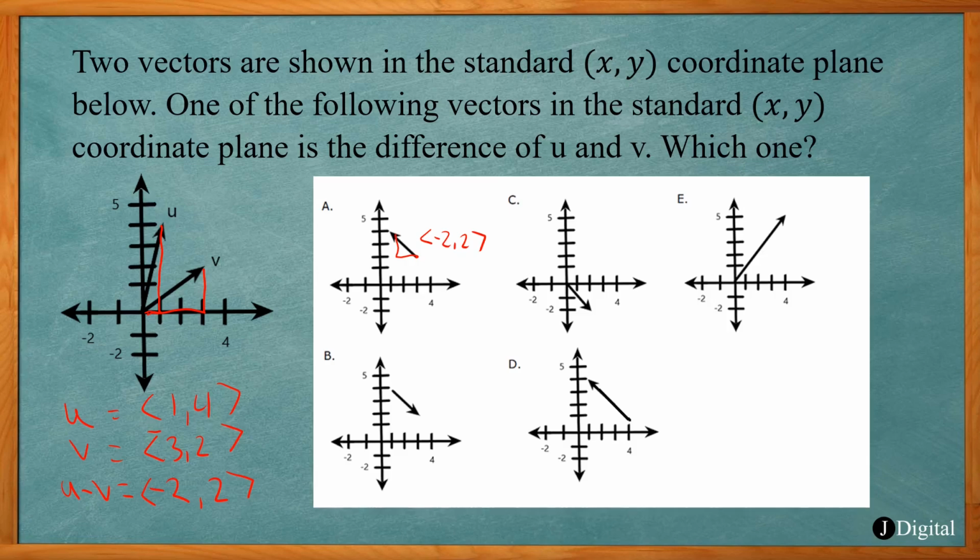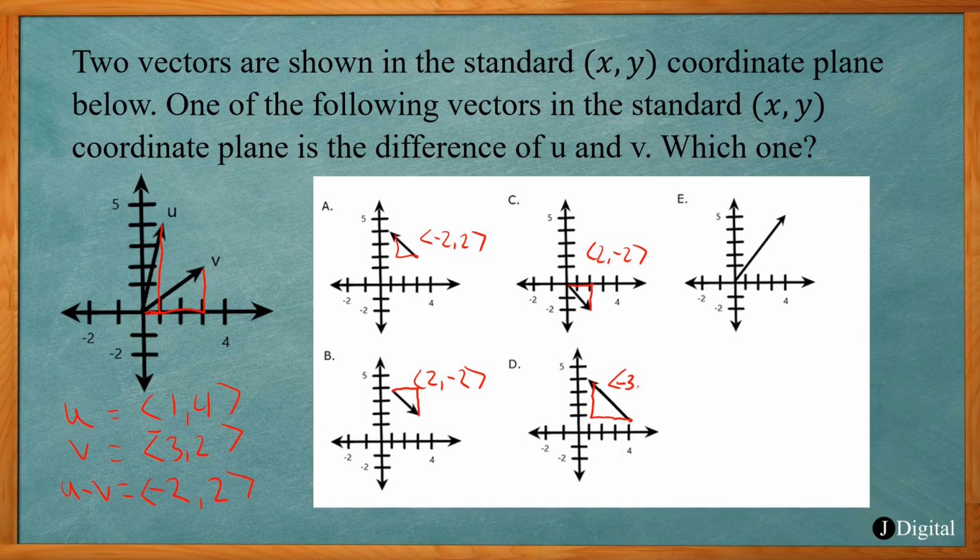But if we look at the other ones, this one starts here, goes 2 over and 2 down. That's 2, negative 2. This one starts at the origin, 2 over, 2 down. So that's 2, negative 2. One down here starts down here. That's 1, 2, 3 over, 1, 2, 3 up.